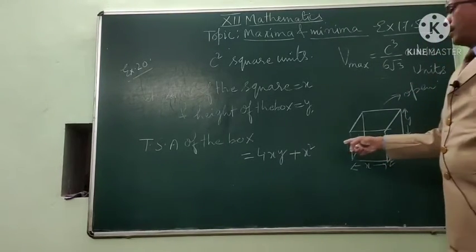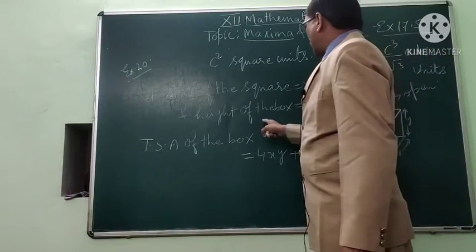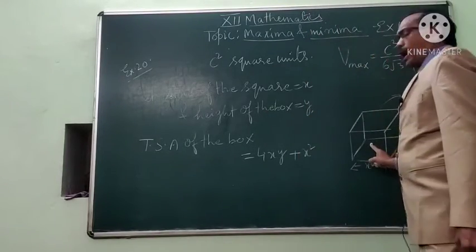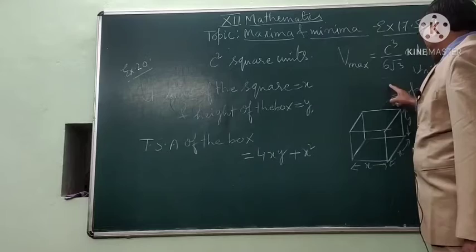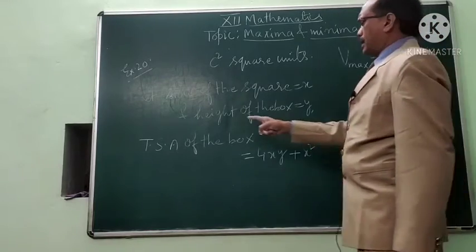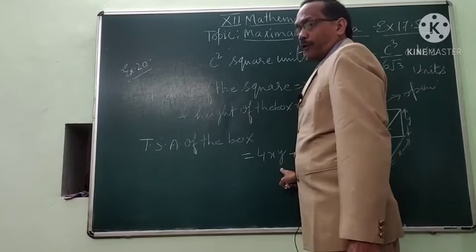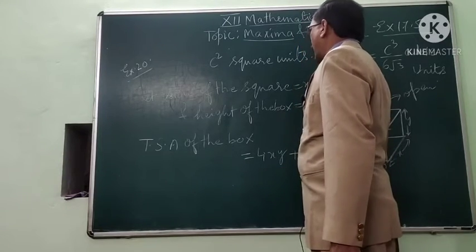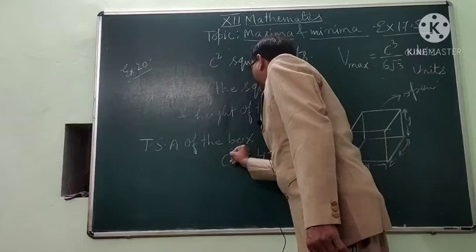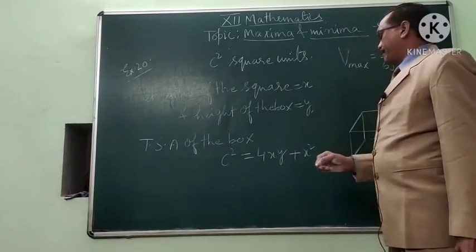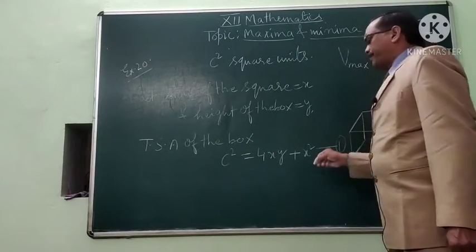So a box with a square base and open top is to be made, right? The total surface area of the box is this much, 4xy plus x square, and this value is given here as c square. It is equation 1.